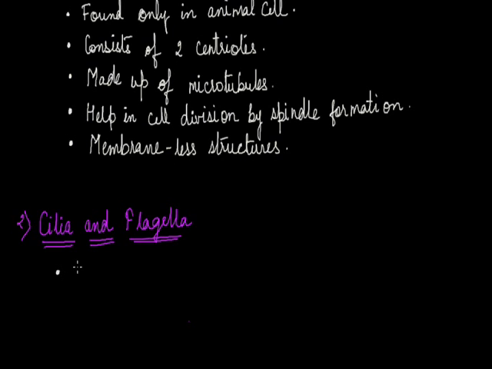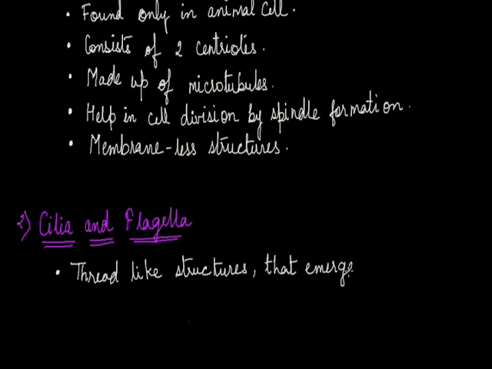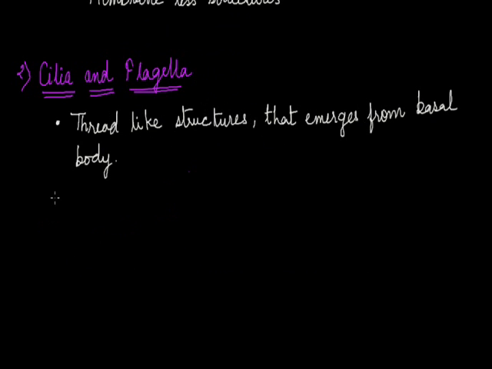Cilia and flagella are thread-like structures that arise from a structure that is called the basal body. These structures help in locomotion. You all understand locomotion? Locomotion means movement of the cell. They help in the cell movement from one place to the other.